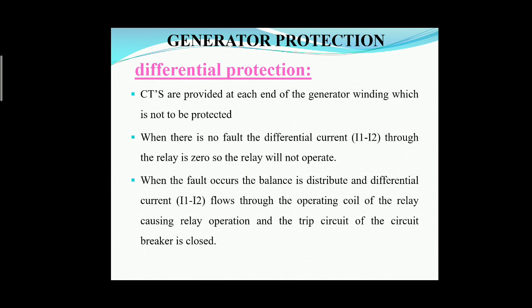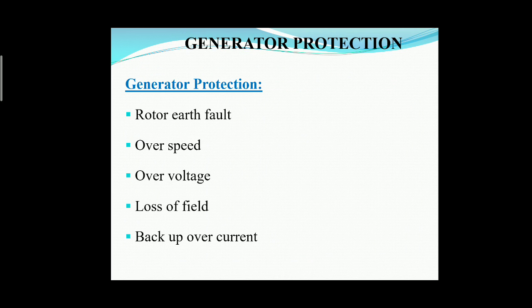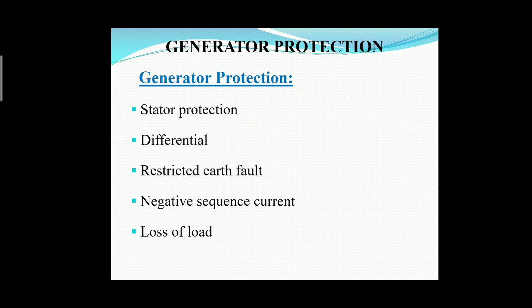Normally in the case of generators we have rotor earth faults, over speed, over voltages, loss of field, and backup over currents. These are the various faults that occur in the generator. Those faults are to be overcome by using the differential protections.